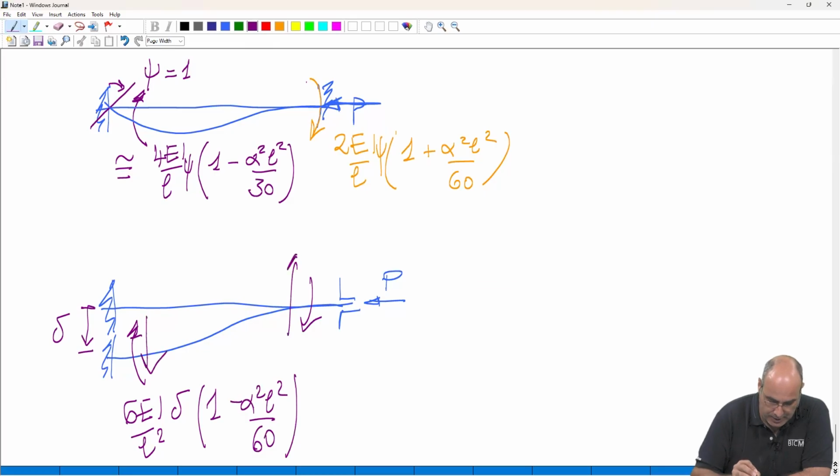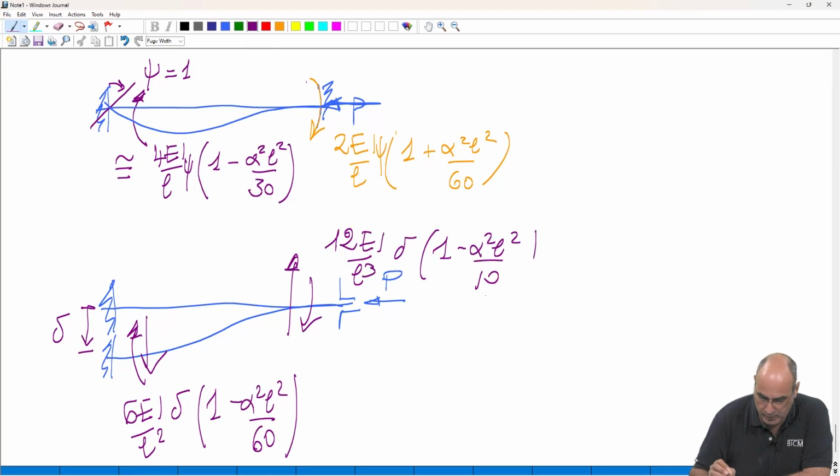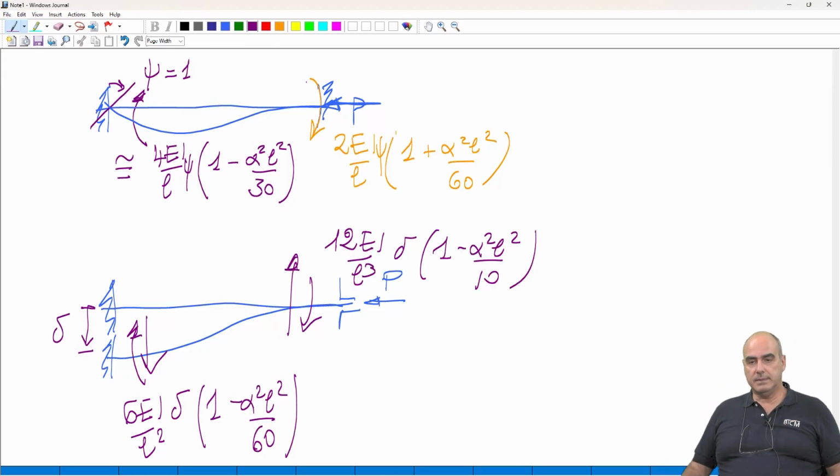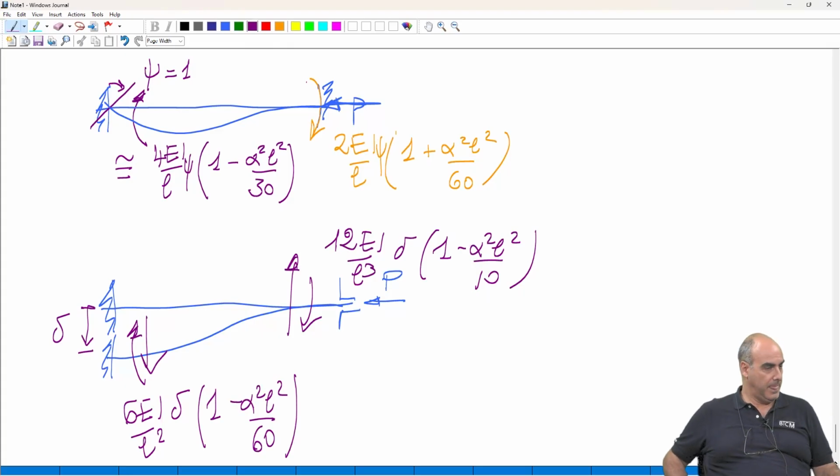And you have the shear forces here, which are 12EJ over L cube delta, times 1 minus alpha square L square over 10. In the textbook that I will share with you, at least in the first case, you have all the mathematical process, and then everything comes out like that. Well, this is much simpler.